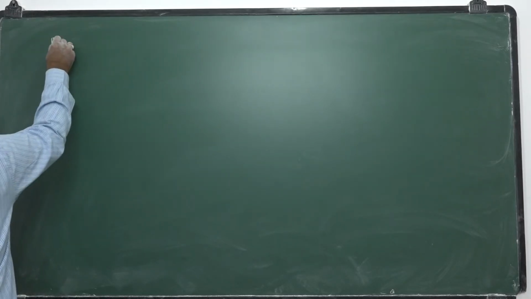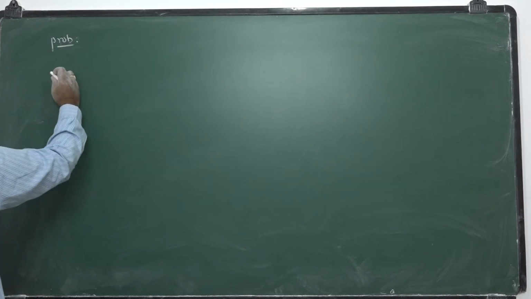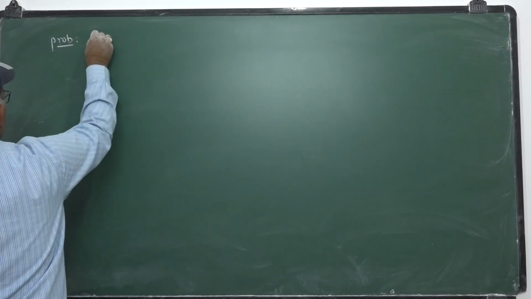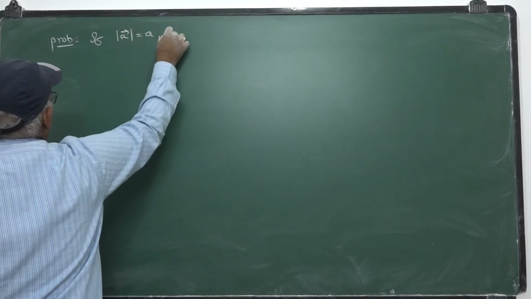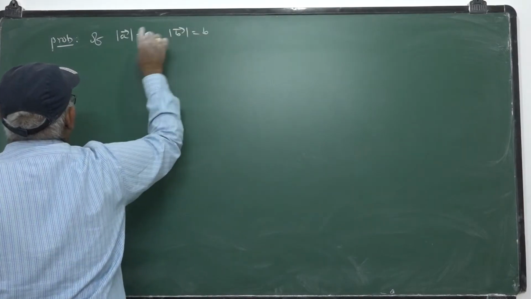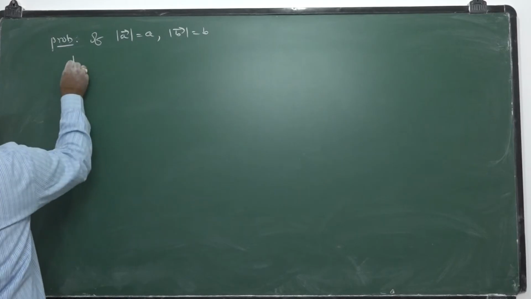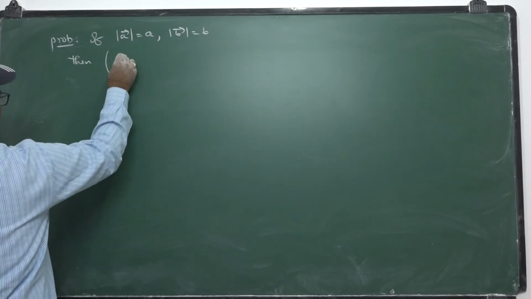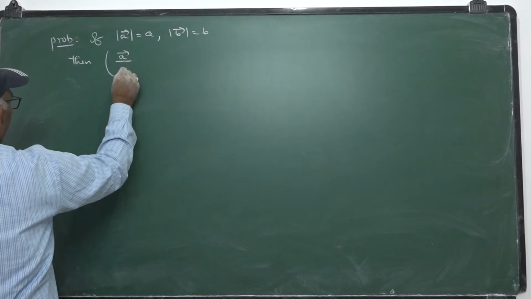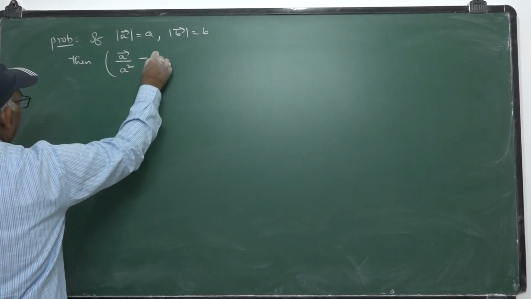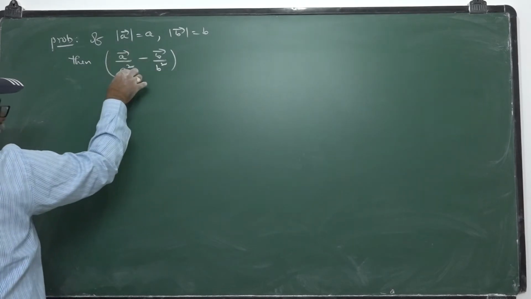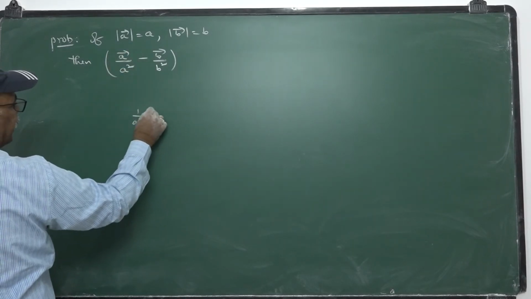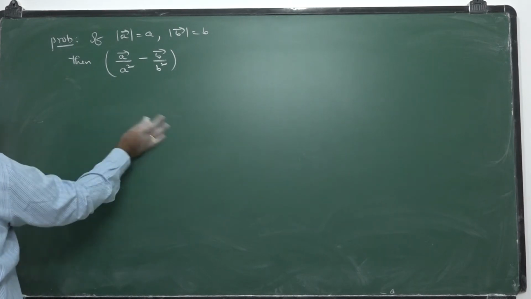Next problem. If modulus of A bar is A and modulus of B bar is B, both A bar and B bar are vectors of lengths A and B, then A bar by A square minus B bar by B square. I am dividing a vector by a scalar, that means multiplying the vector with a scalar, which is possible.